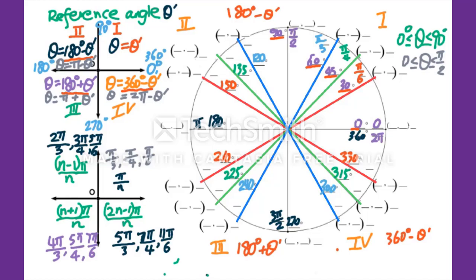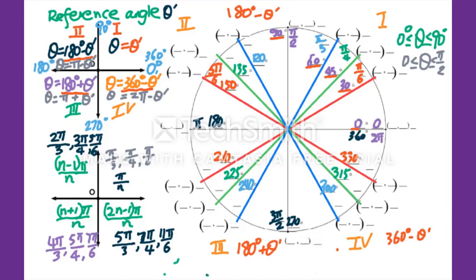So now you can check the lines for the same color. Then you can write down all angles for different quadrants in radians. So for this red one, we have the second quadrant, that's n minus 1 pi over n, which means 5 pi over 6.